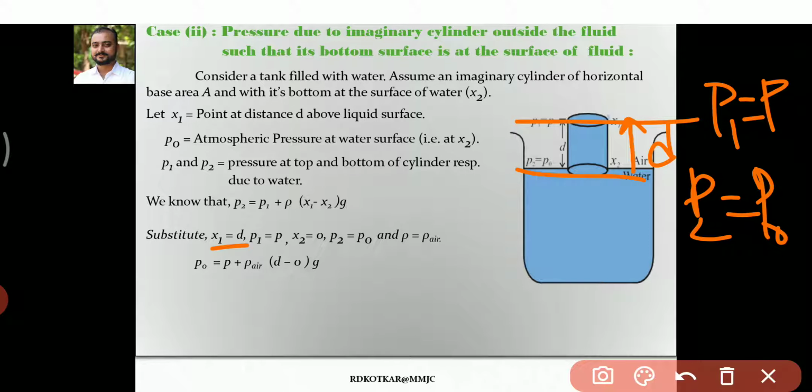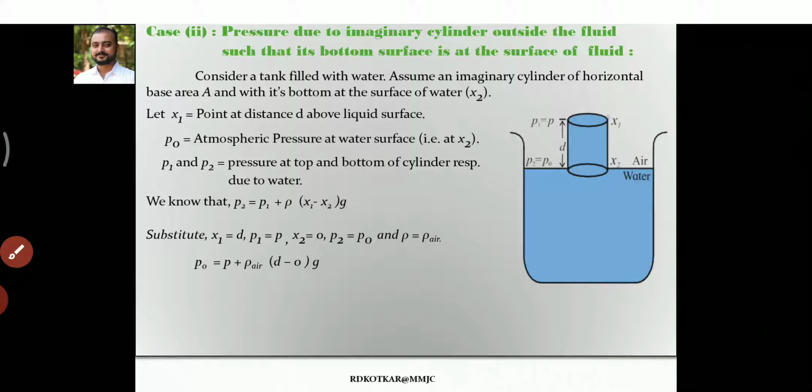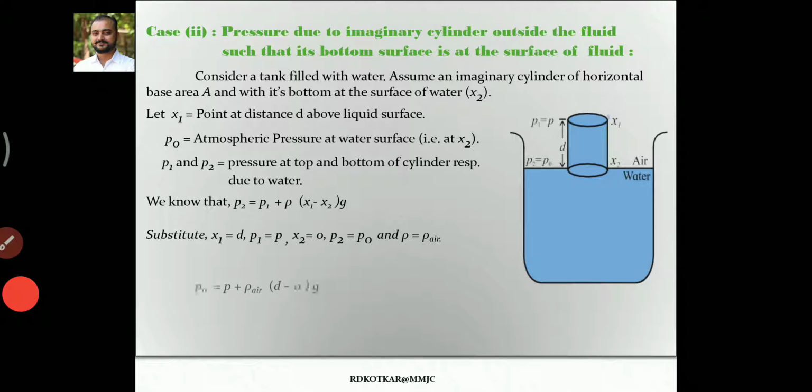Then after that we consider the density. In previous cases we just considered rho, but here the density should be considered as rho of air, meaning density of air, because our cylinder is present above the liquid, and we have to determine the pressure at a certain distance above the surface of liquid. By substituting all these values we get a relation P0 is equal to P plus rho air into d into g.